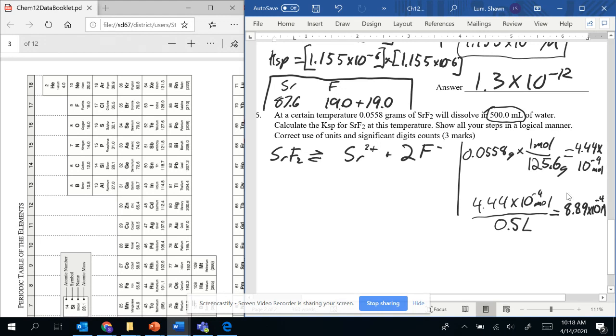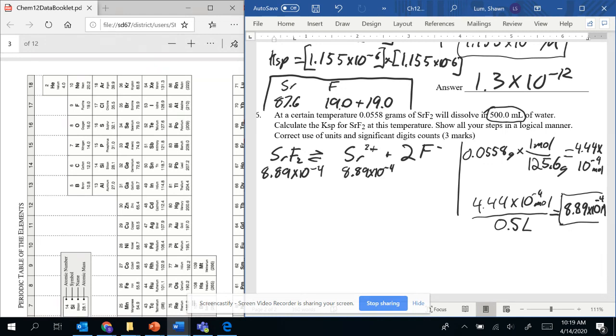Okay, so bringing this number that we just found, the concentration of this stuff, that is going to make the Sr2+ concentration 8.89 times 10 to the negative 4. Now, since this is a 1 to 2 ratio, the strontium will also be 8.89 times 10 to the negative 4.